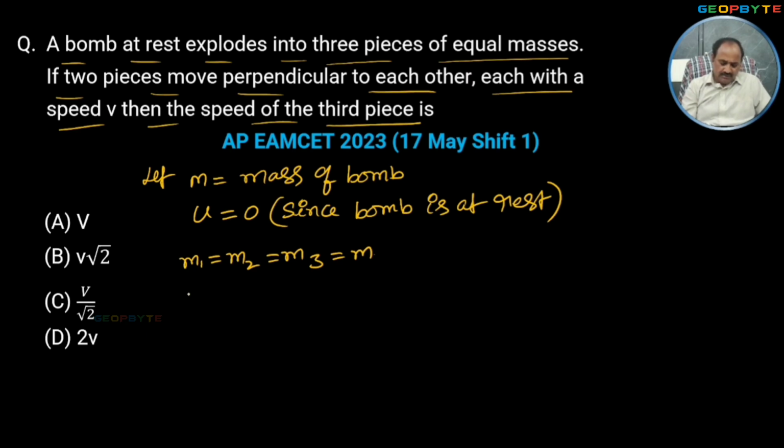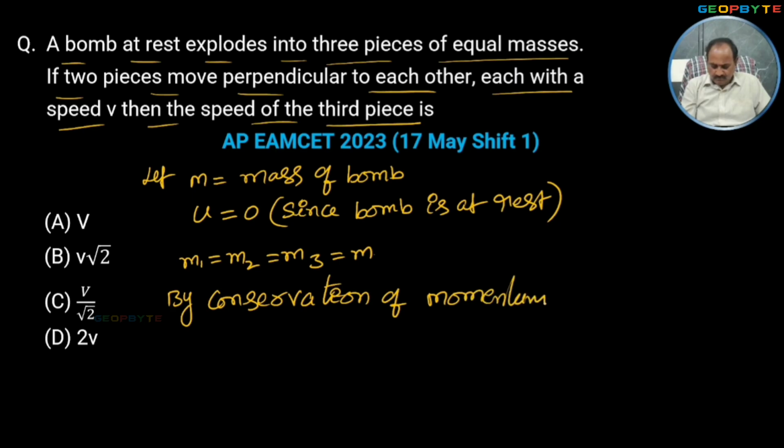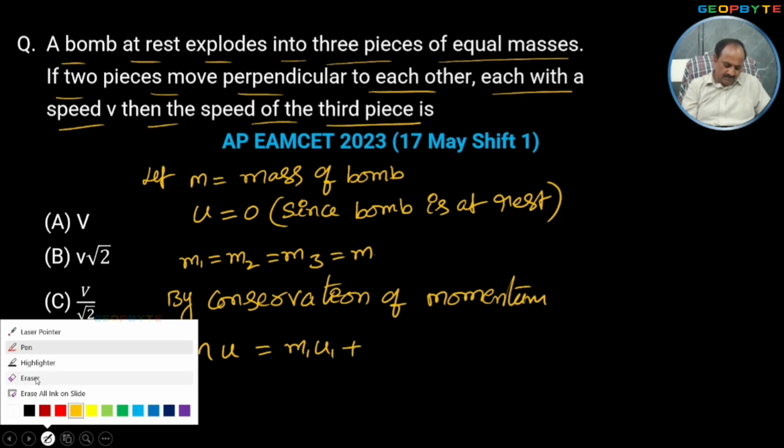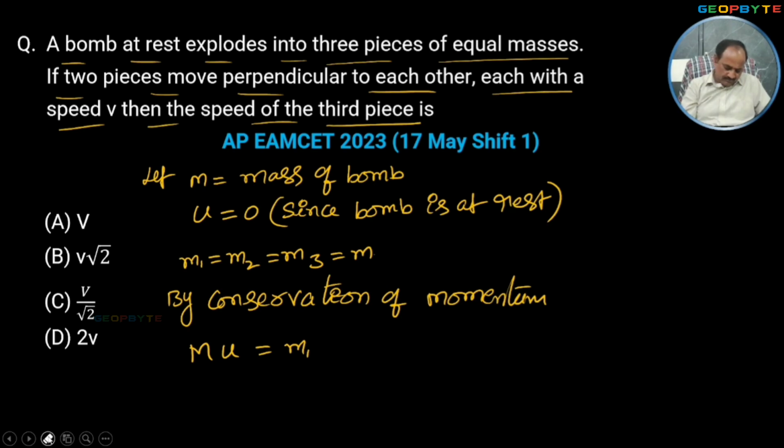Now, by conservation of momentum, the momentum of the bomb is equal to the sum of the momentums of the three equal pieces, right? Let it better write M1 V1 plus M2 V2 plus M3 V3.